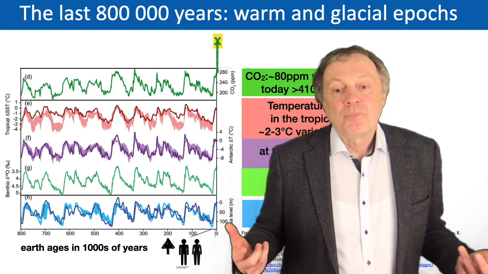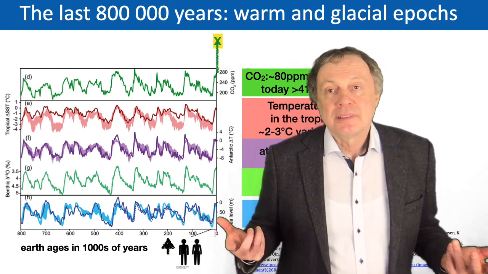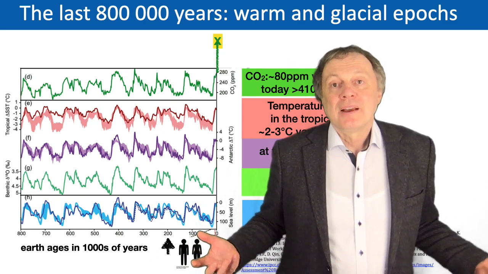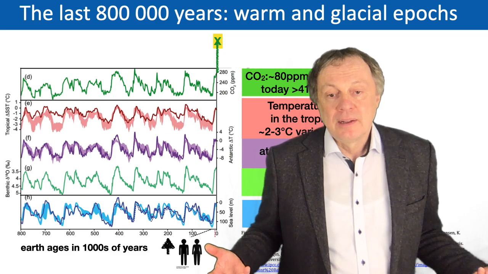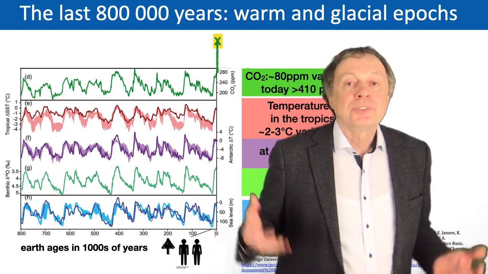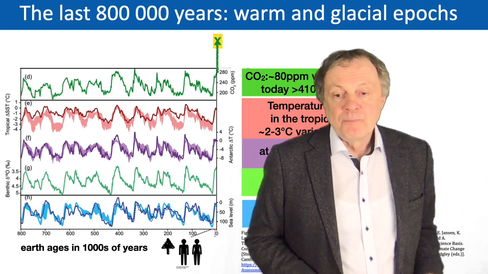That means that sometimes the North and South Pole had a lot of ice and sometimes very little. The plot at the very bottom here shows you the sea level variation.